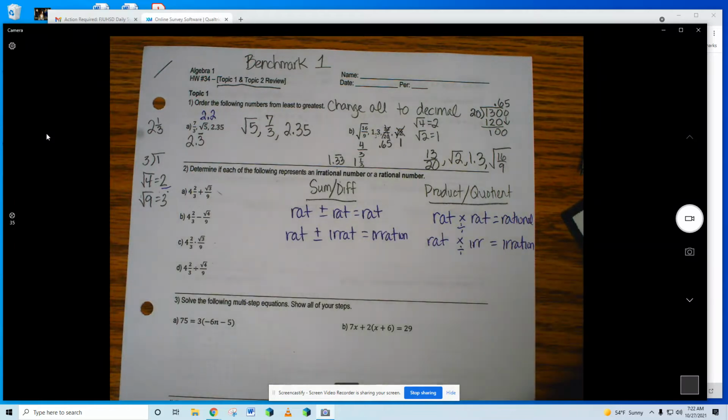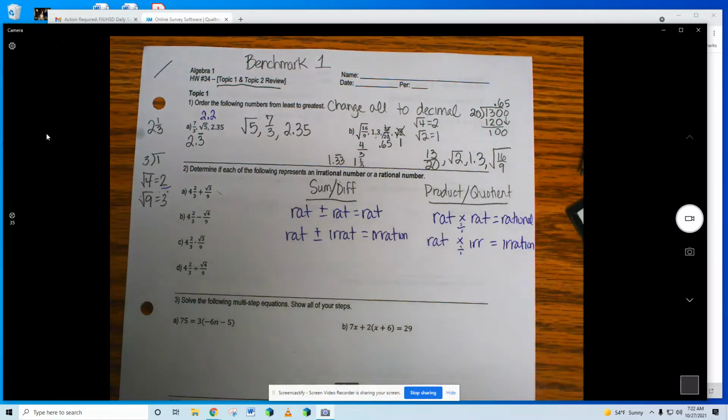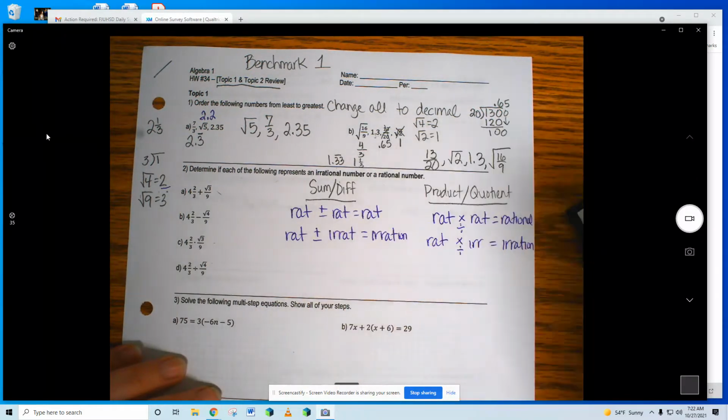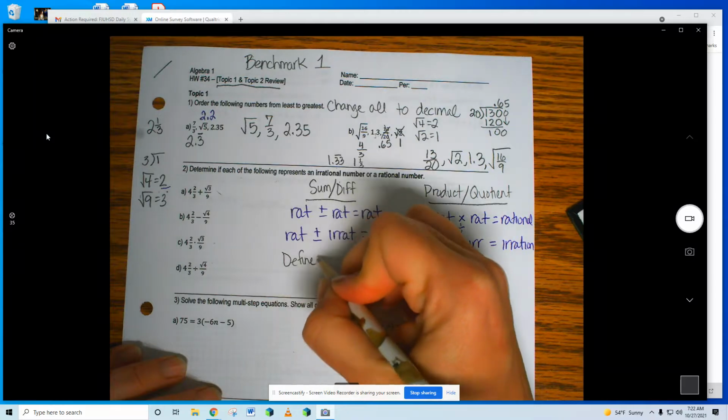And then you're like, but wait, what if I don't even know what an irrational number is? What if I don't even know what a rational number is? Okay, so here we go. Define them.